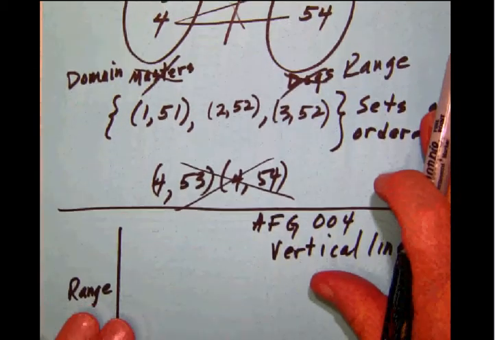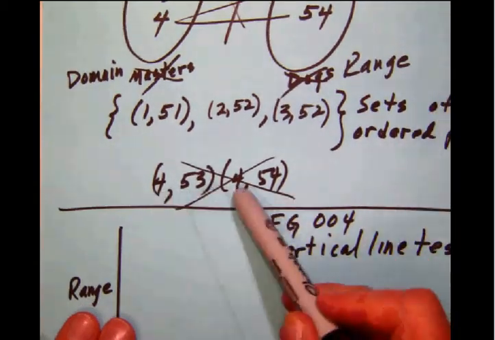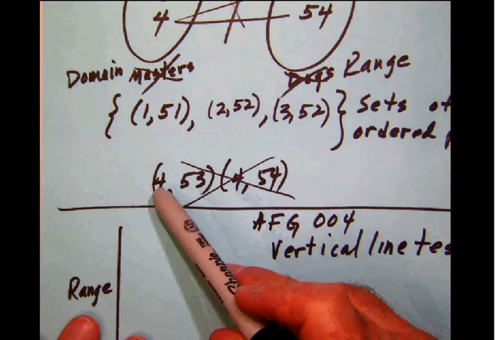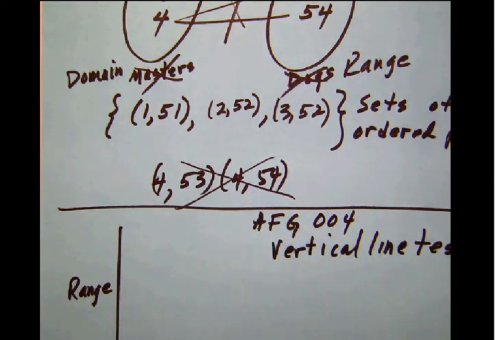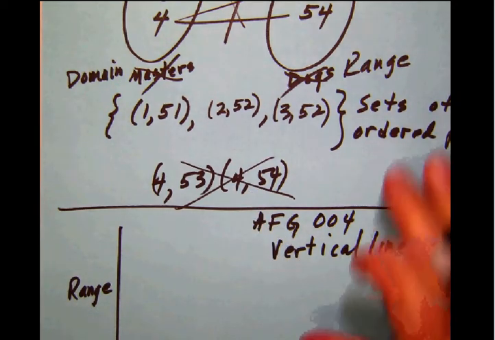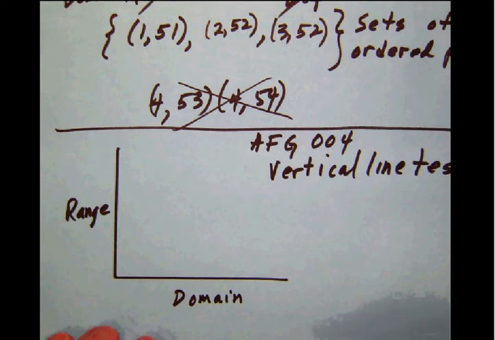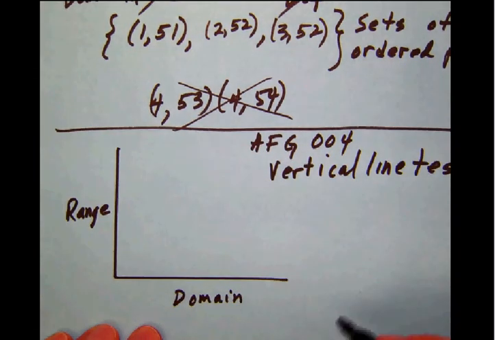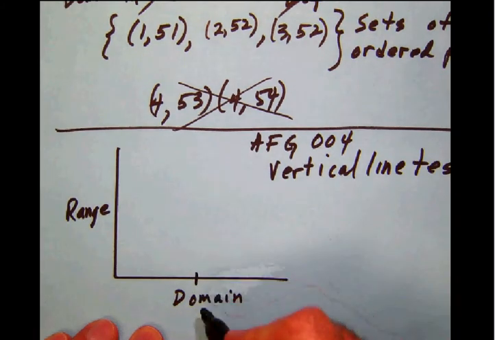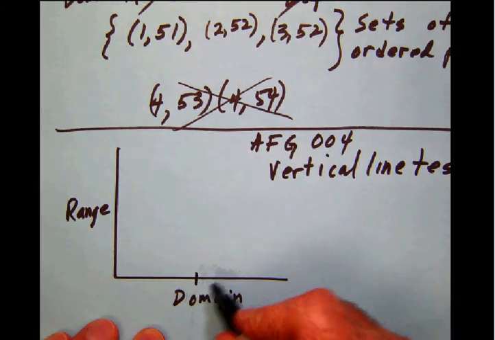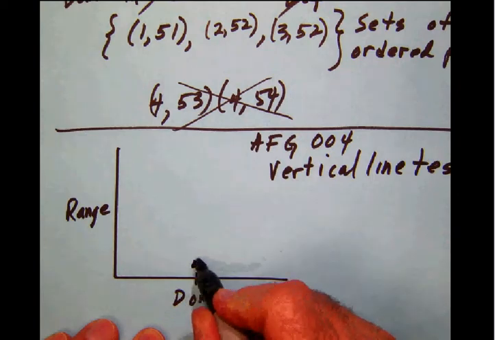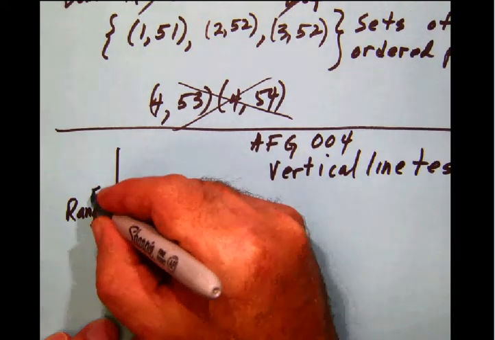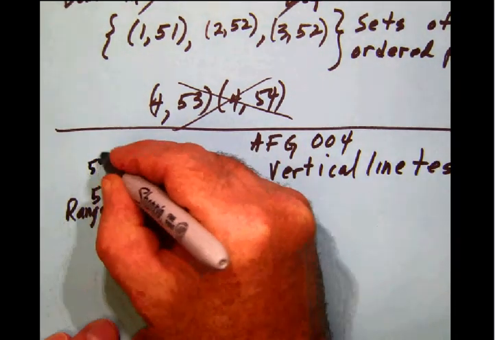Likewise, if we were to list these as ordered pairs, we would never allow ordered pairs in a set of numbers to have two first elements the same. So a 4 here and a 4 here would be outlawed. If we were to graph these so that our domain numbers were down here and our range numbers were over here, notice what would happen if we had a value in the domain of 4 that was matched up with range values of, say, 53 and 54.